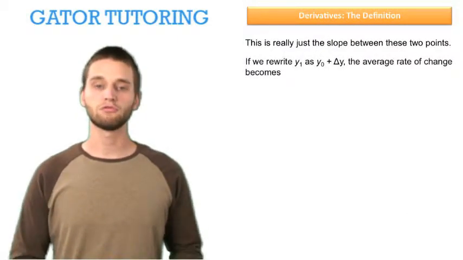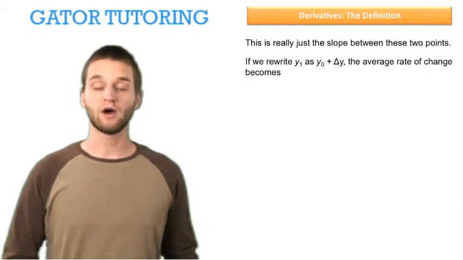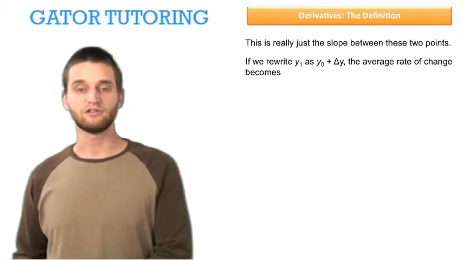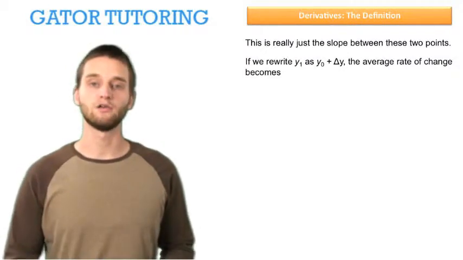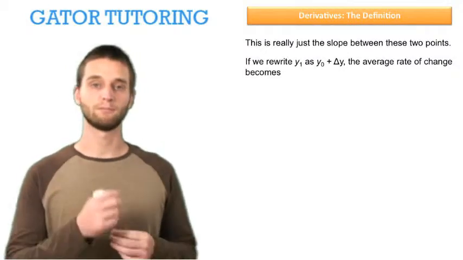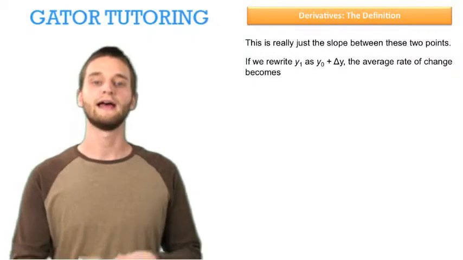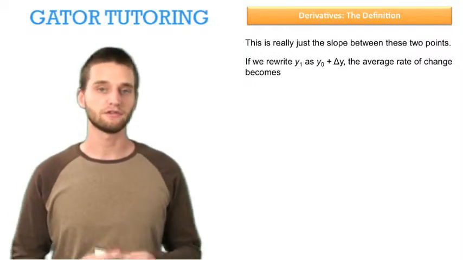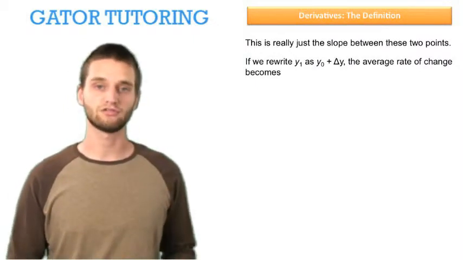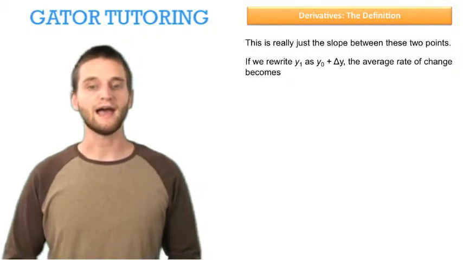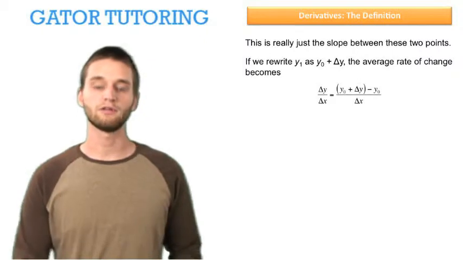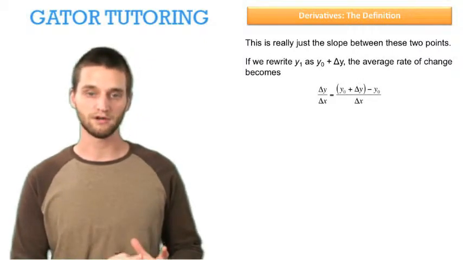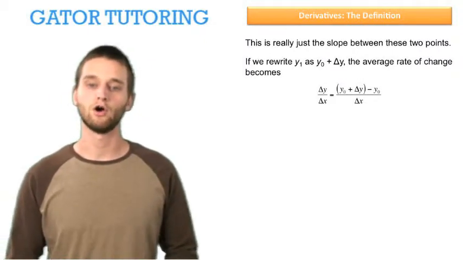And so if we rewrite y1 as y0 plus the increase in y, that is delta y. So we're just rewriting the value y1, which is the y value for the second point, as y0, which is the y value for the first point, plus the additional increase in y, delta y. Then the average rate of change becomes y0 plus delta y, which again is y1, minus y0, over delta x.